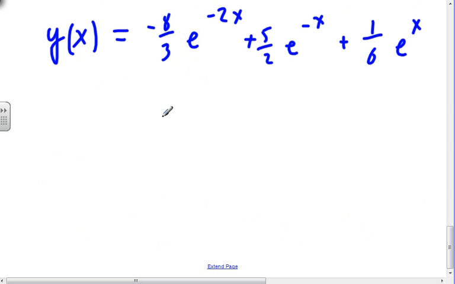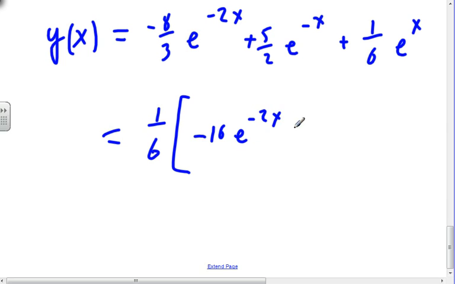And the author probably, when he multiplied this, brought out the 1/6. So he probably has 1/6 times minus 16 e to the minus 2x plus 15 e to the minus x plus e to the x.